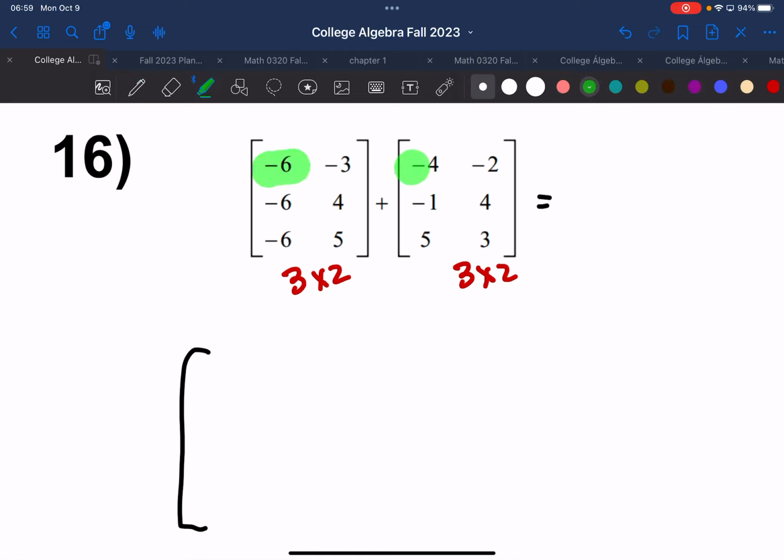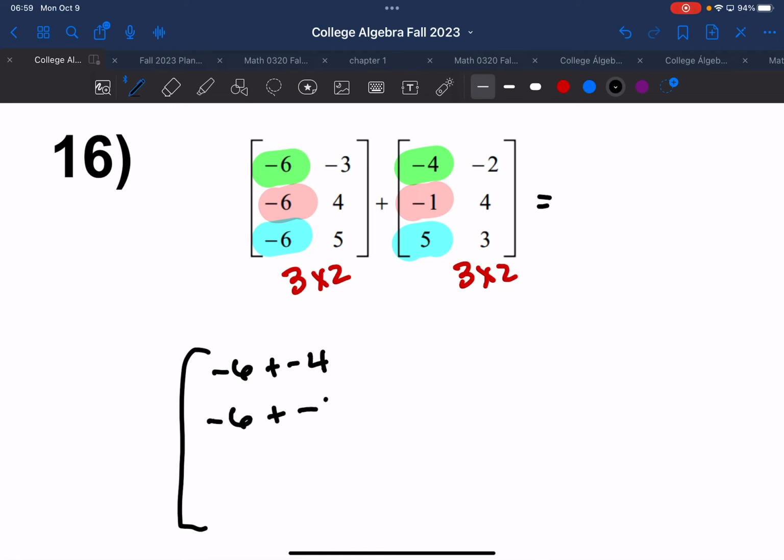This one with this one, this one with this one, and so forth. So we have -6 plus -4, -6 plus -1, -6 plus 5. That was the first column. Now we're looking at the second column. -3 plus -2, 4 plus 4, and 5 plus 3.